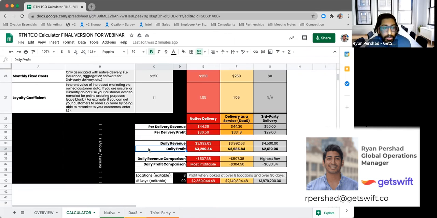Now, I think our belief is that there's going to be a blend, right? All of these are going to contribute to the delivery operations, the logistics operations of a restaurant group. And we wanted to give someone who's really using this the opportunity to figure out how to move their business, how to move the needle, how to optimize, right?